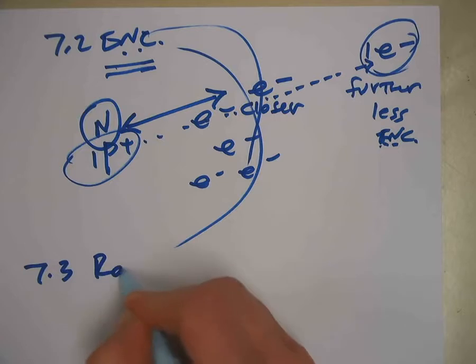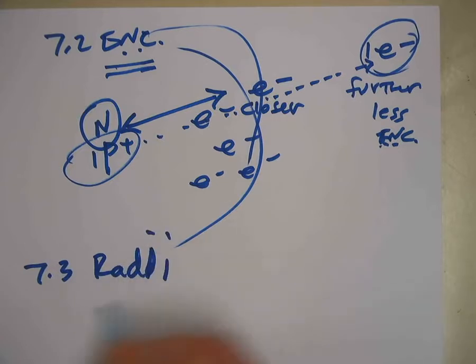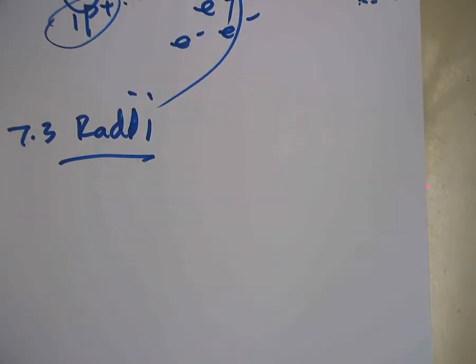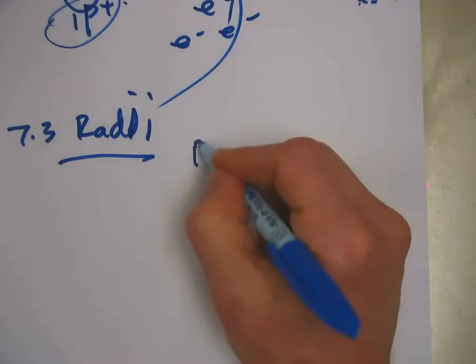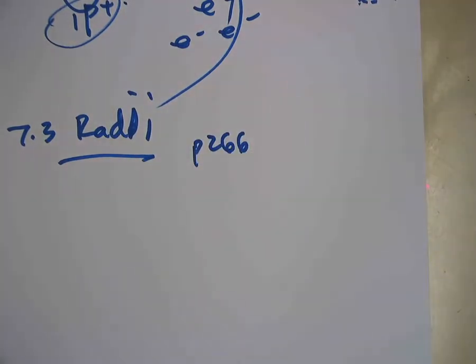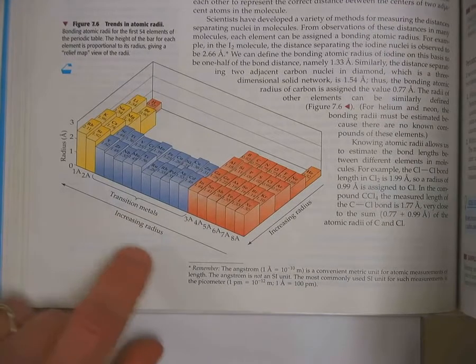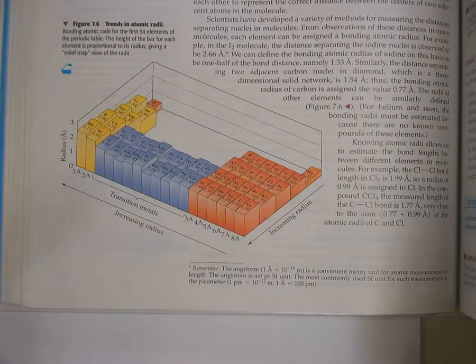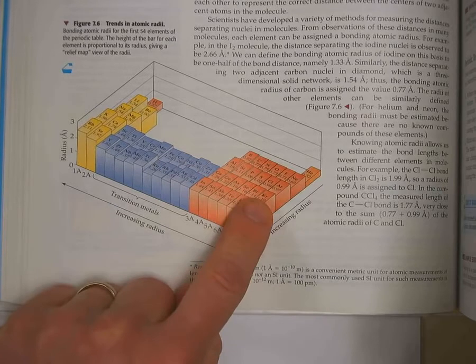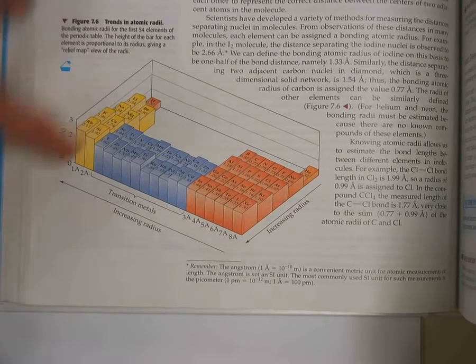7.3, atomic trend of radii. Radii, remember, is atomic size. And if you look on page 266 of the 10th edition of Brown LeMay Bursten, they have a really nice graph here of how atomic radius changes across the periodic table. Notice radius increases to the left, and it increases as you go down.